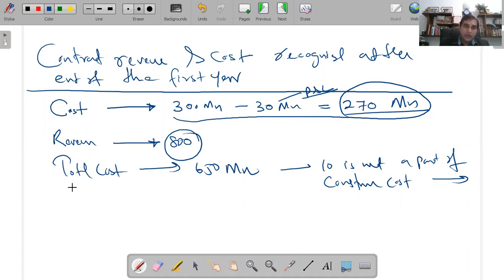Now, based on the input method, what is the percentage that they have completed?